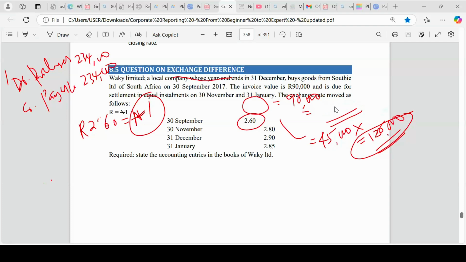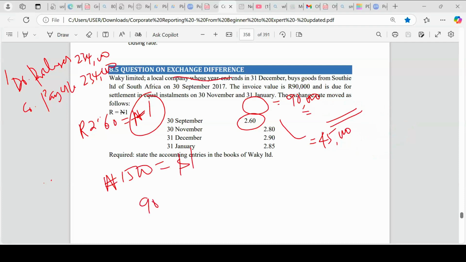Let me first of all retrace that. When you are converting to the stronger currency, for instance, if I am converting from Naira, let's say the current rate is 1,500 to $1. I now have 90,000 Naira, and they say I should convert 90,000 Naira to dollars.